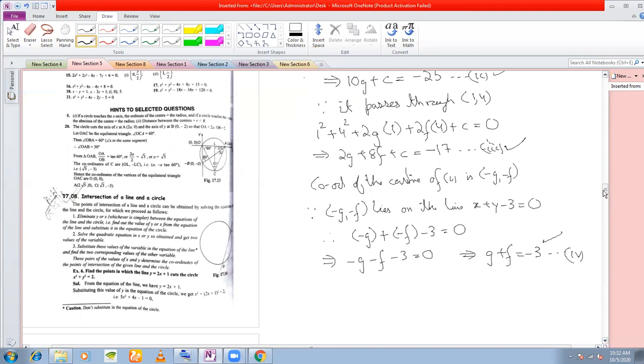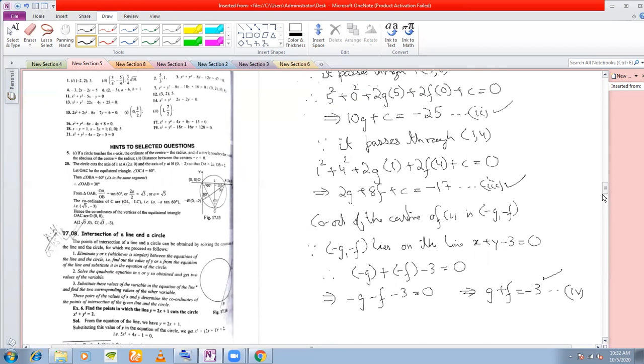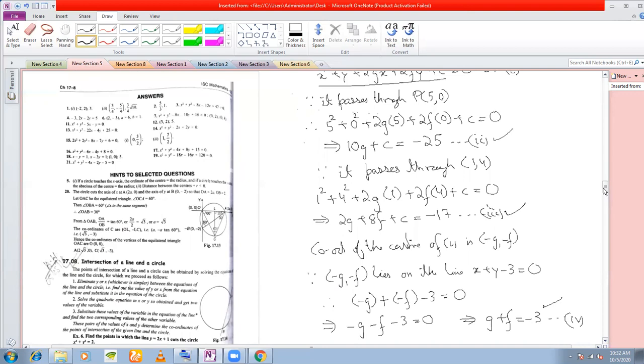There are various ways of solving. You have the matrix method, you have the determinant method, but these methods are not known to you. We'll solve simply by our substitution method. So what we'll do here is, from 2 and 3 we can find out the value of c from 2 and put it in 3.